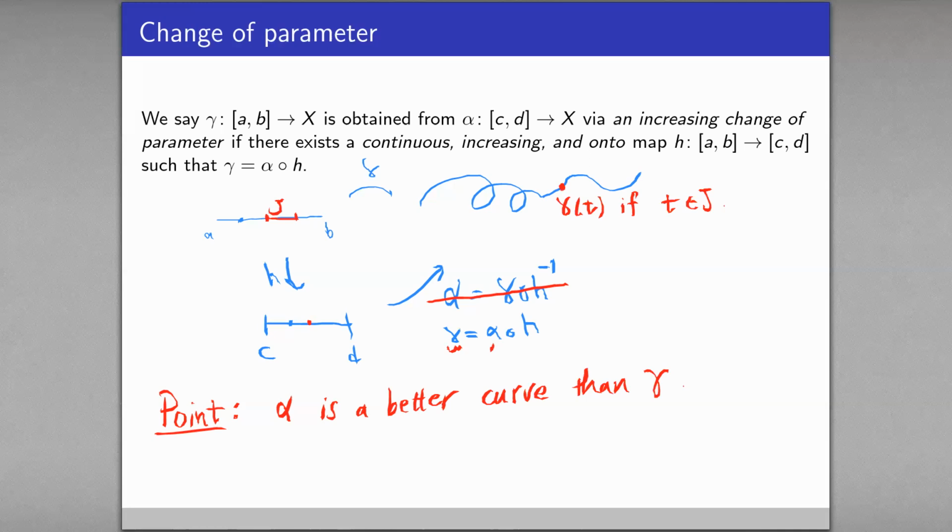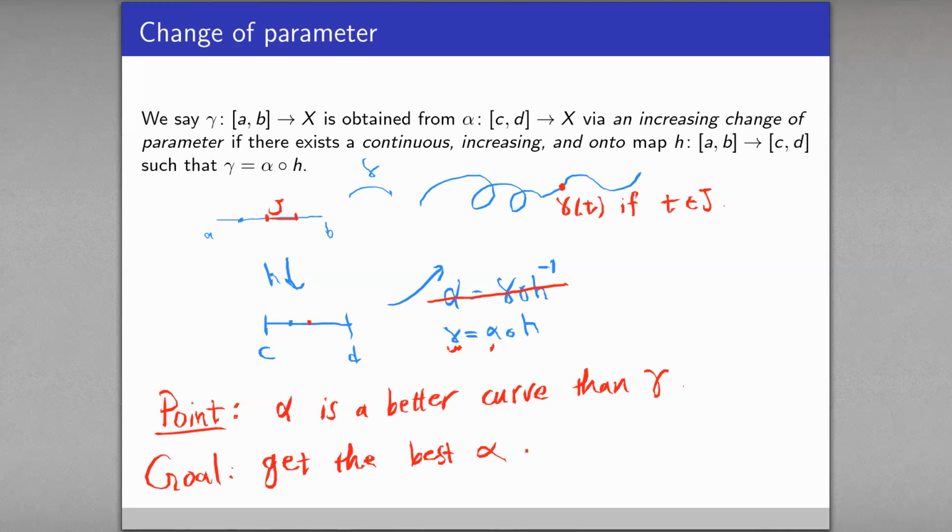So in going from gamma to alpha, we end up improving our curve. So we cut out unnecessary intervals of constancy. Okay, so our ultimate goal will be to get the best we can get, the best alpha.